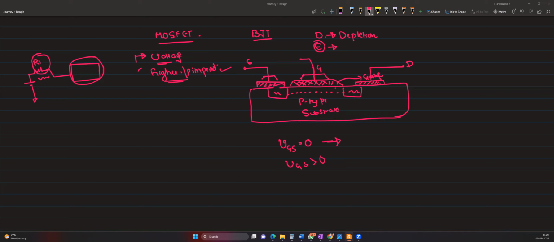At a certain point the ID increases significantly. If you see the plot, as you increase VGS, ID slowly increases and suddenly shoots up. That point we call the threshold point.